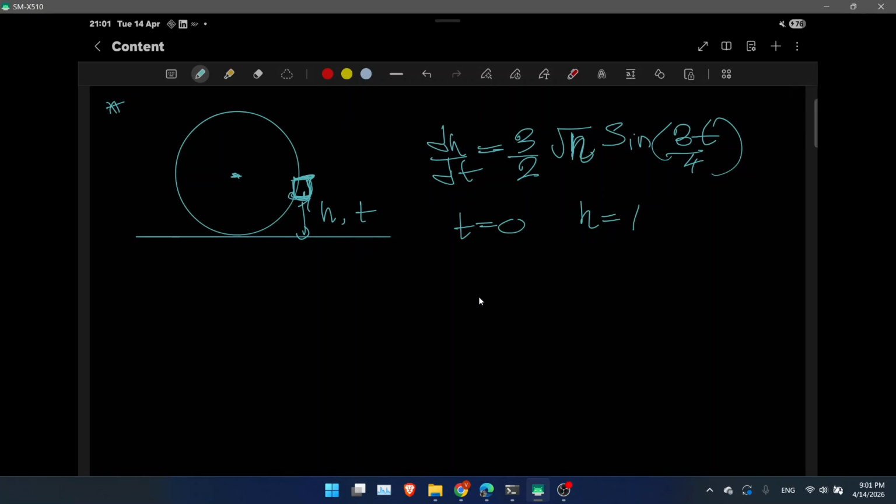You can directly see that the variables can be separated. So I take the h variables into the left side. So it's h to the power minus 1 half dh equals 3 over 2 times sine 3t over 4 times dt.